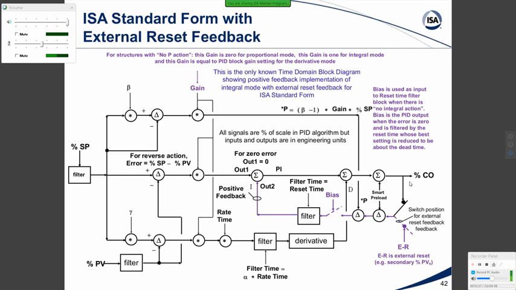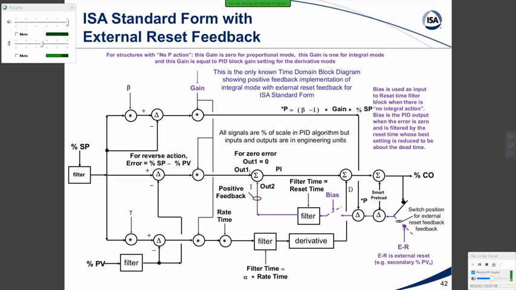And if we flip this switch, instead of it coming from the controller output, it comes from the external reset, say a secondary percent PV or a valve stroke. And it turns out then what we end up with here is not going to change if this is not changing. And it's hard to see how this all settles out.